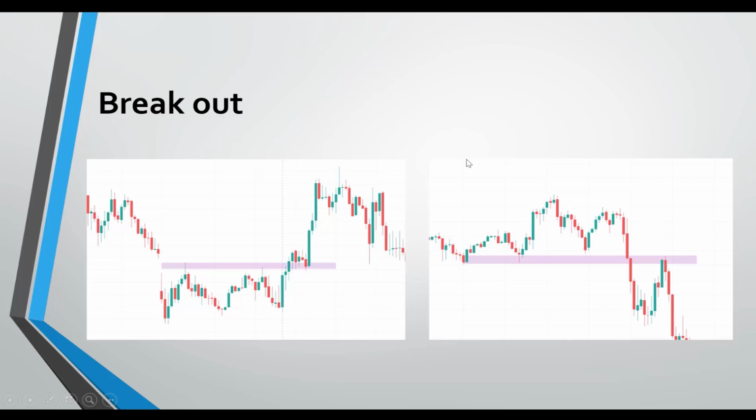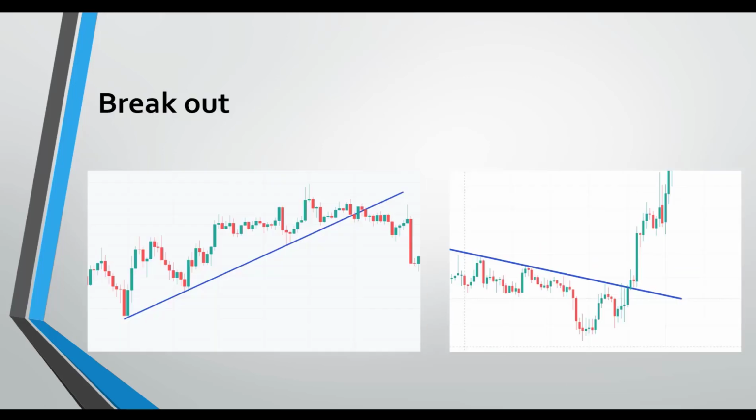And when we have a breakout of static resistance or support and then a pullback, we can see the trend was changed. All right, we can continue our discussion by taking a look at the next page.